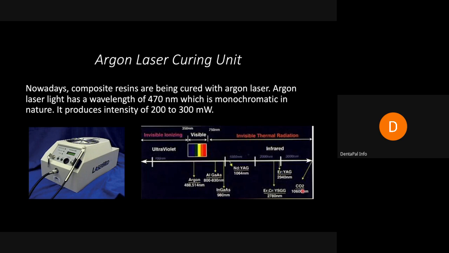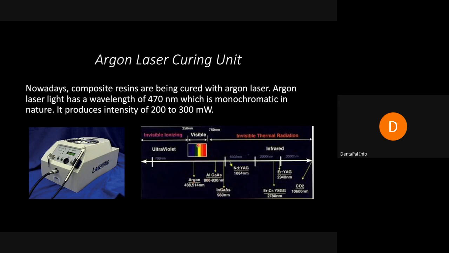We have carbon dioxide, which is the highest wavelength. We have also erbium laser. We have also neodymium laser. We have also argon lasers.